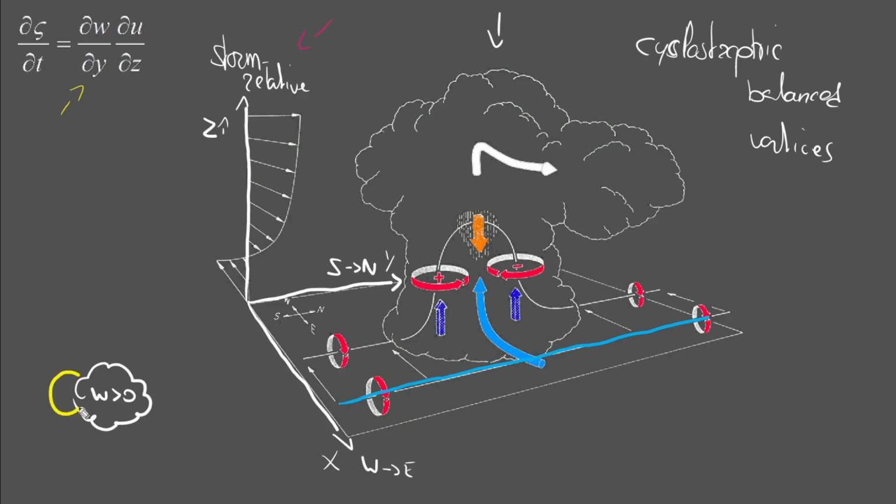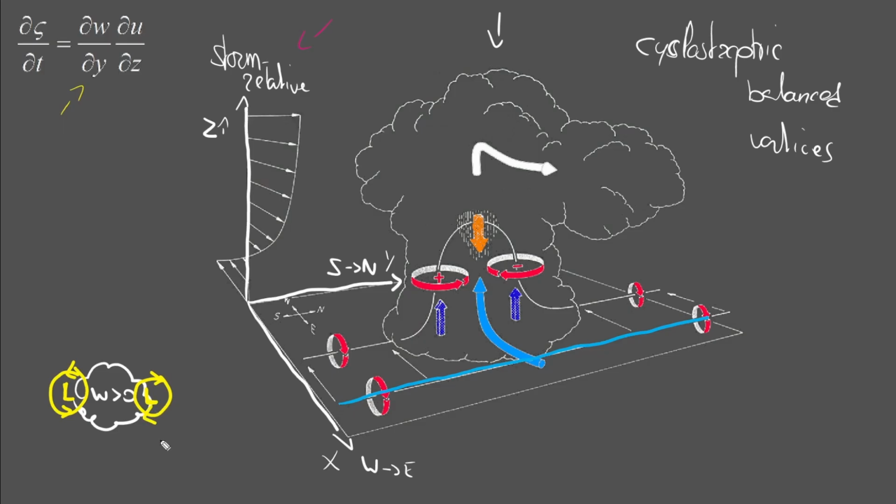You have a rotation center here, which spins cyclonically, and you can write a low in here. On the other side, you have the same. So let me draw another one in here, which also has a low pressure in the middle, cyclostrophic balanced vortices. But this one spins clockwise, anticyclonically.